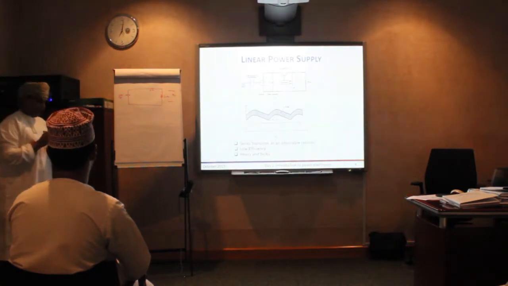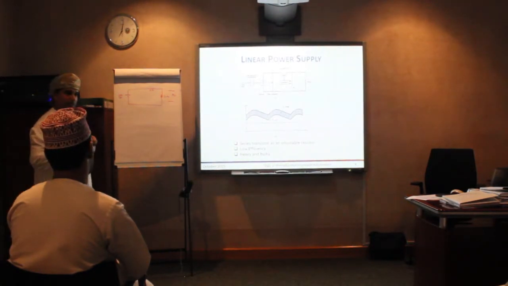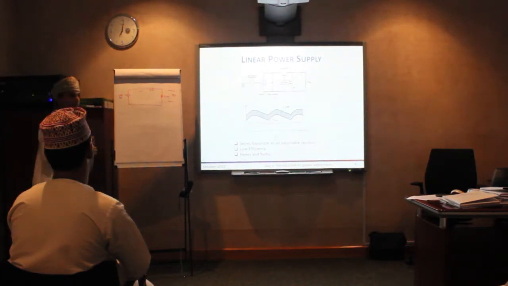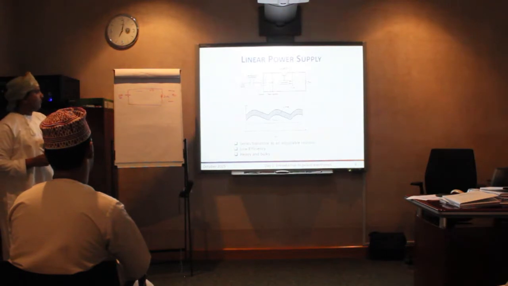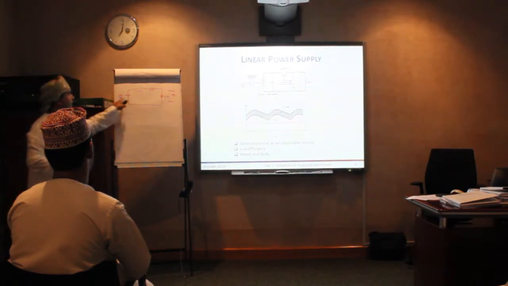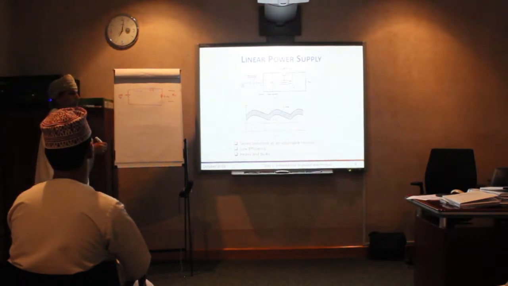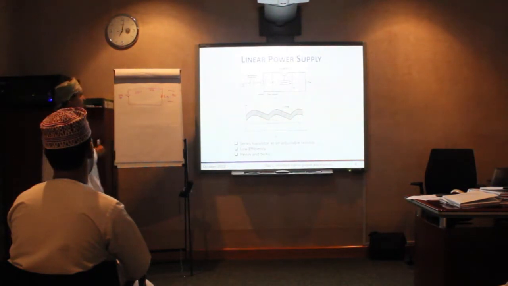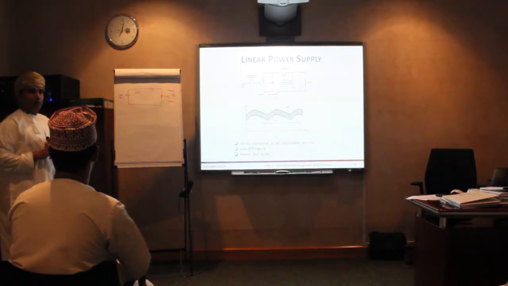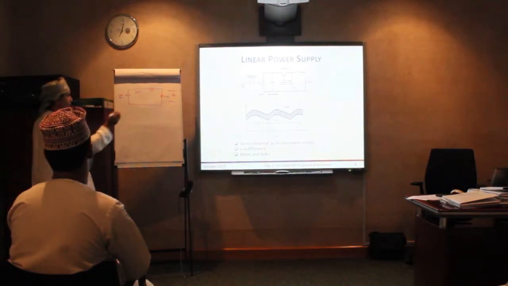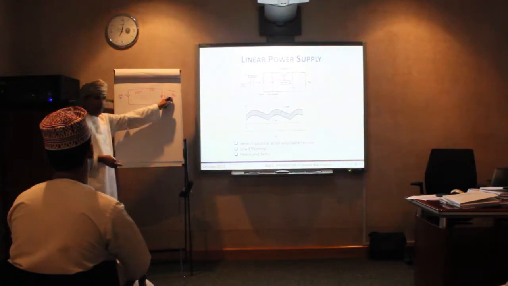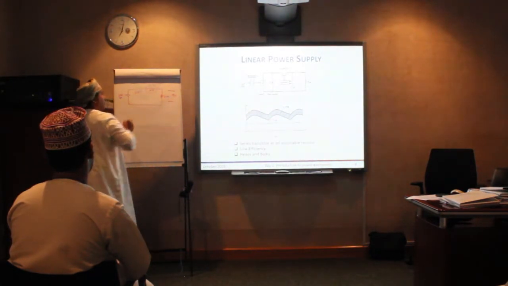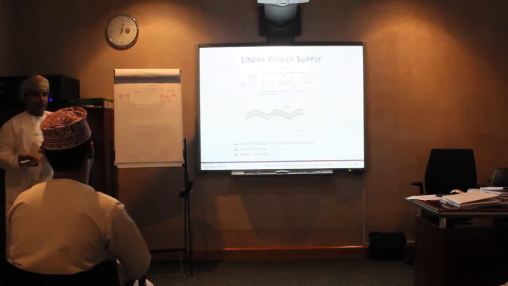But now, if you think about this one, can you tell me what's the current here? 10 divided by 4, right? So it will be 2.5 ampere. Okay, but this resistance consumes power, right?